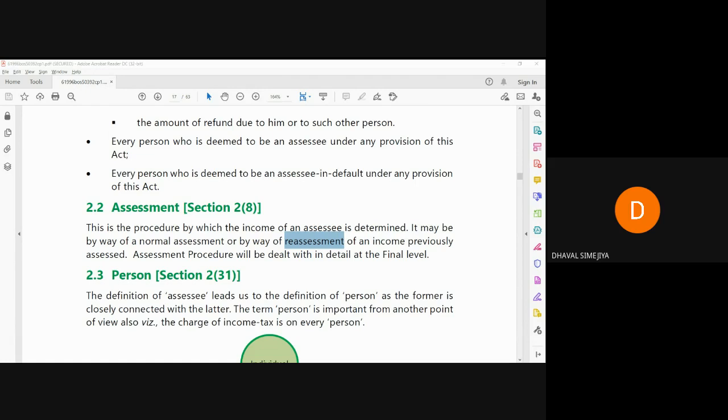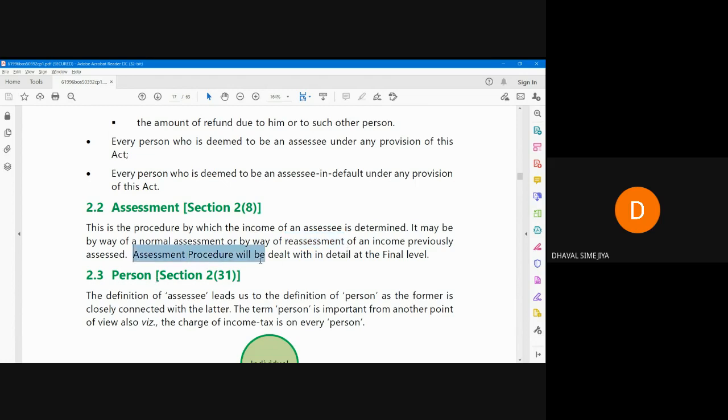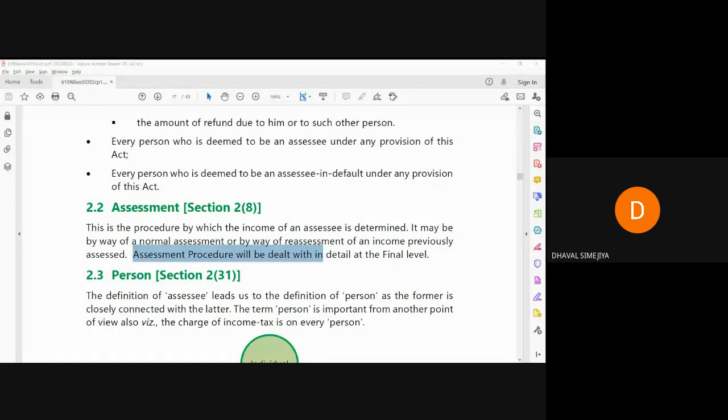Show cause notice. Okay, show cause notice. So this is reassessment. Practical example. Now the assessment procedure will be dealt with in detail at the final level. In CA Final you will learn in detail all these things, how assessment procedures will go.